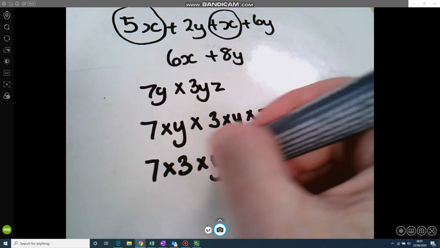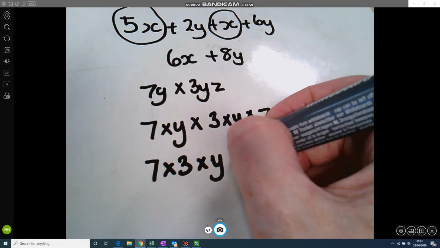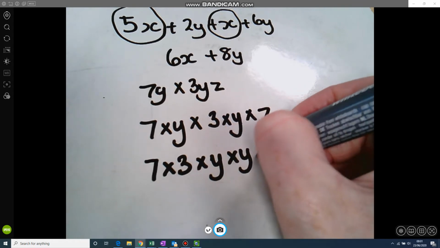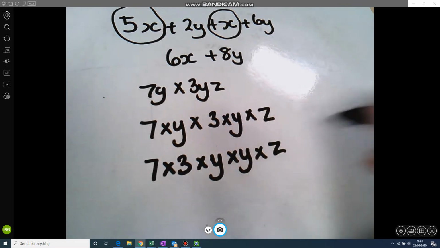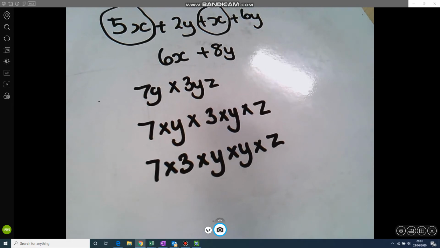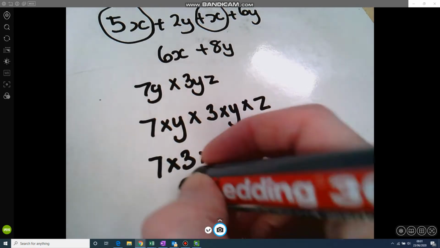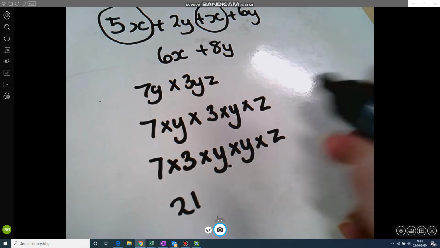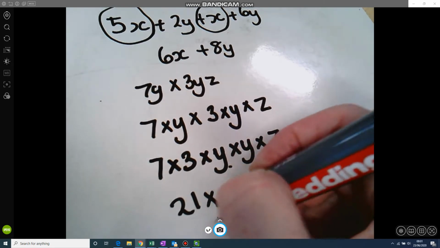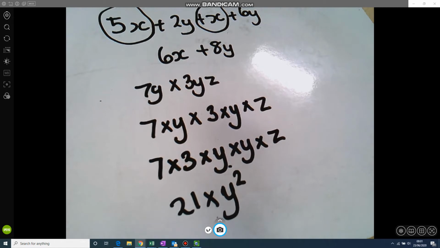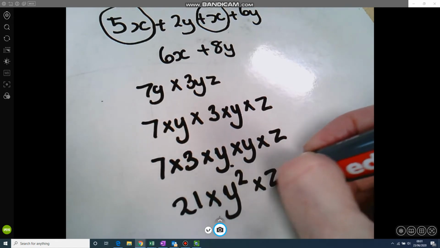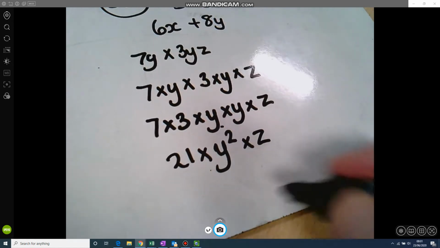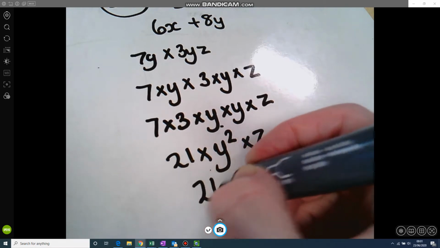So I've got 7 times 3 times y times y times z. Okay, 7 times 3 we know is 21. Y times y is going to be y squared, and then times z. And then we can just write that without the multiplication signs.